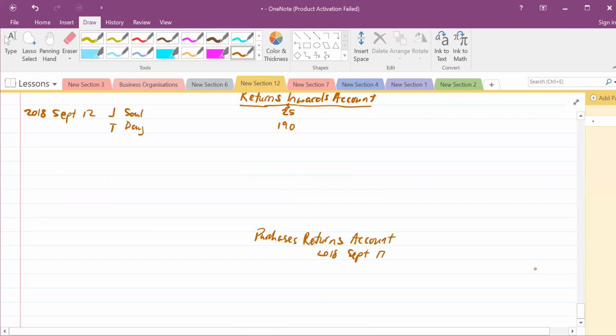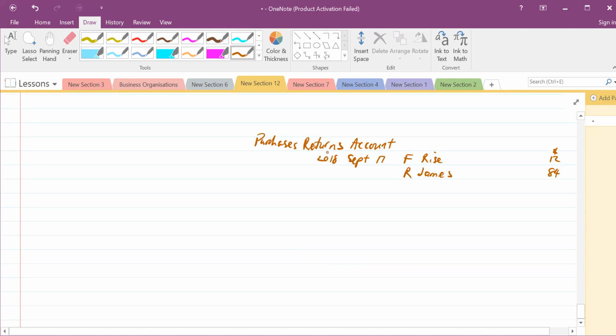And then remember we have F. Rice, $12, F. Rice. Okay, remember I said we're using dollars and not necessarily pounds. So we then have R. James, 84. Like that. We have sorted out the 17th, and then we go on to the next.